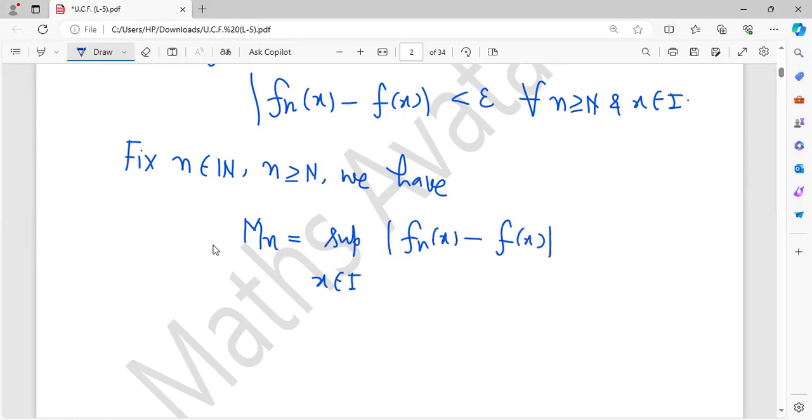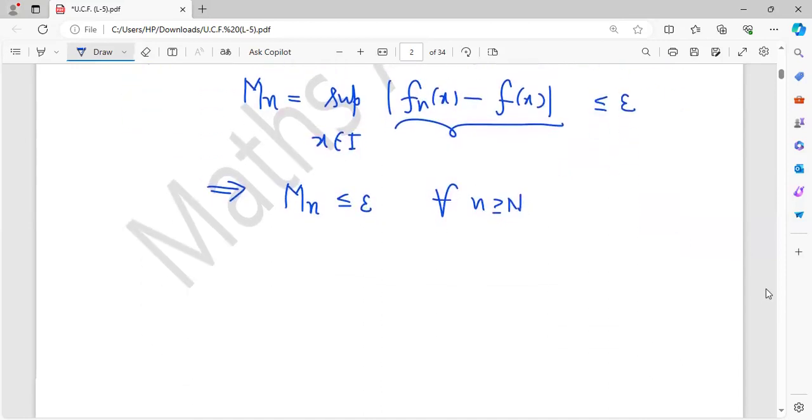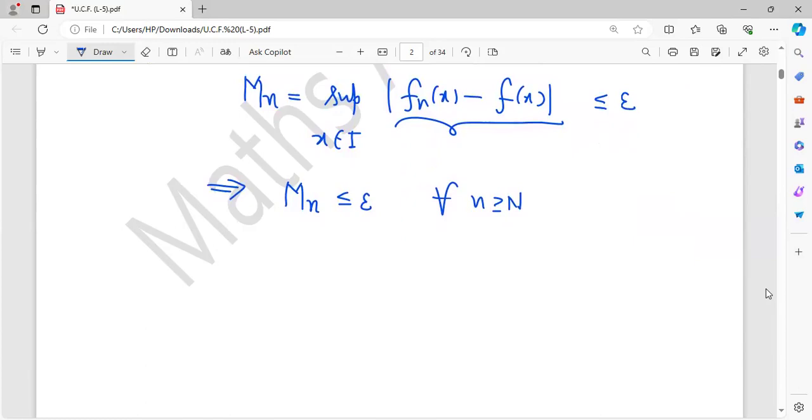If this quantity is less than epsilon, then the supremum will be less than or equal to epsilon. So Mn is less than or equal to epsilon for all n greater than or equal to N. If I take the limit, because this is a non-negative quantity, the limit as n tends to infinity of Mn is less than or equal to epsilon.